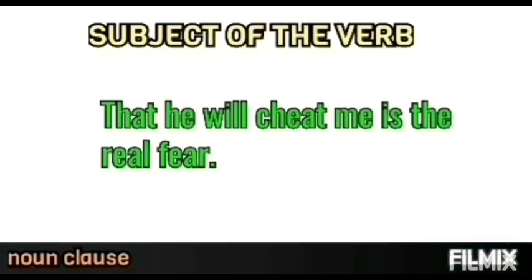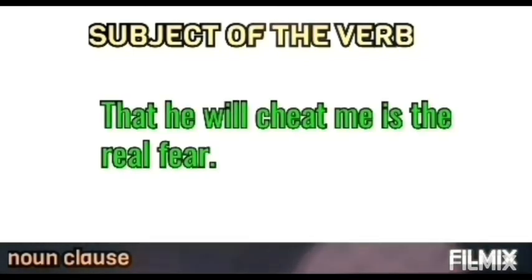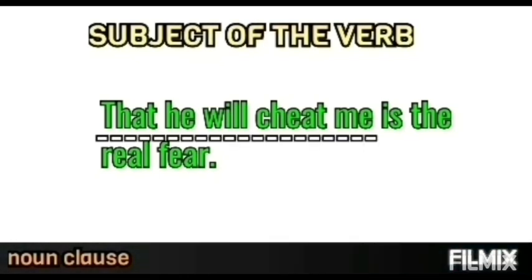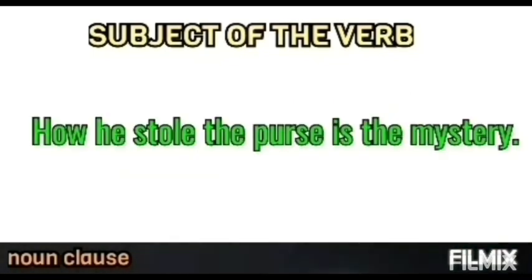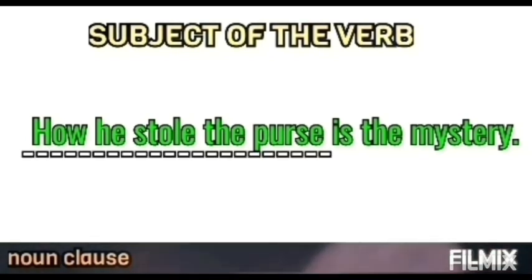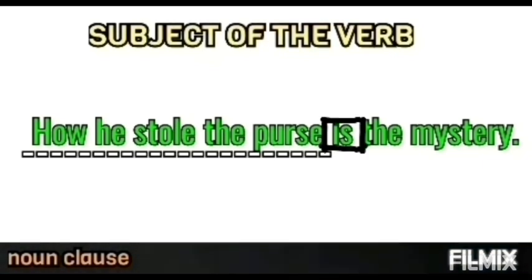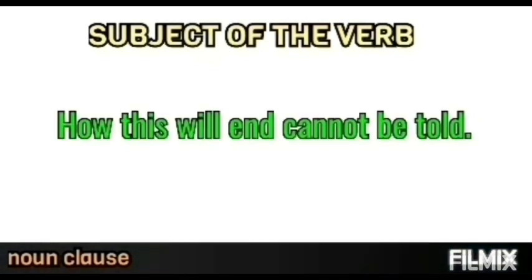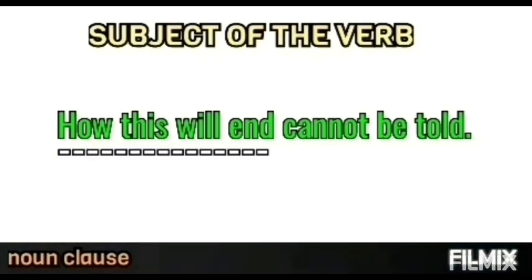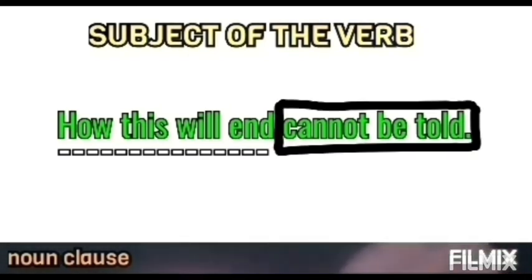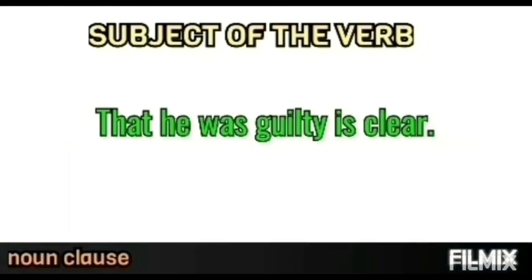Next sentence, that he will cheat me is the real fear. So that he will cheat me should be the underlined part, and put a box around is. Then how he stole the purse is the mystery. So how he stole the purse should be underlined and a box put around is. How this will end cannot be told. So how this will end should be underlined, and for cannot be told, you can put a box around cannot be told, or simply can. That he was guilty is clear.